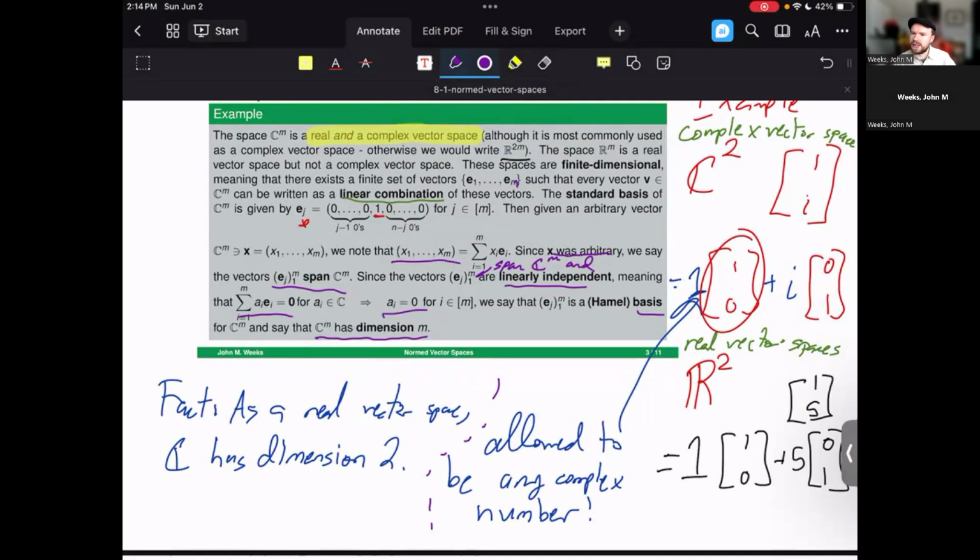When we're thinking of complex numbers, we would like our scalars to be complex as well. In which case, C2 is the one that has dimension 2 as a complex vector space. But notice that the complex numbers as a real vector space itself has dimension 2. So you can imagine in this case, and indeed it is true, that C2 is then 4-dimensional as a real vector space.